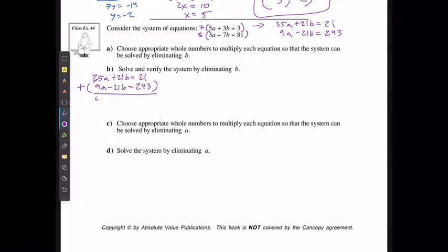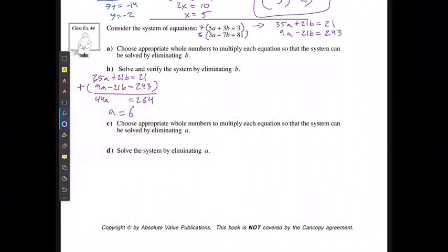So I can say that 44a, the b's will cancel out, is going to equal 264. If that is equal to 264, then I divide both sides by 44, and a is equal to 6.